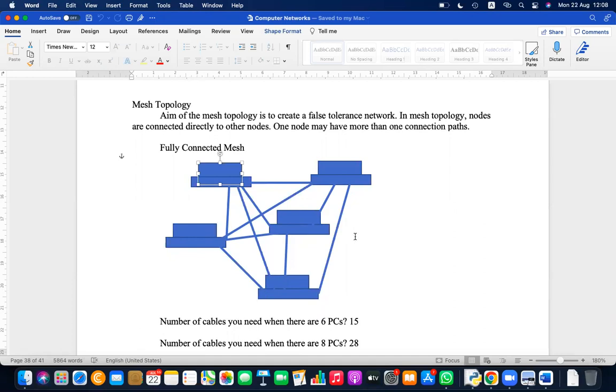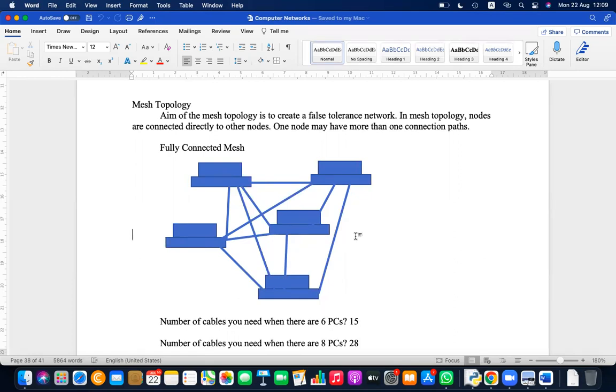So what is the idea? Why do you need this number of connections in mesh topology? What do you think? What's the reason? Do we actually need this number of lines? Actually, having two lines is enough, but here it has more lines.